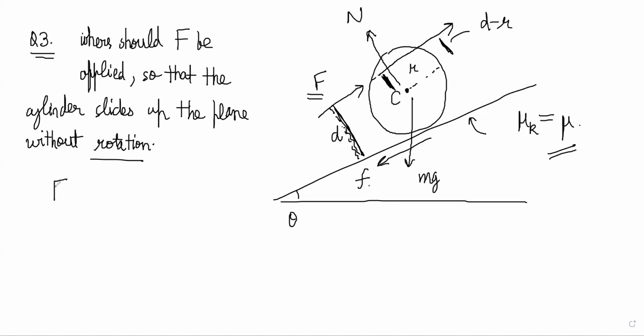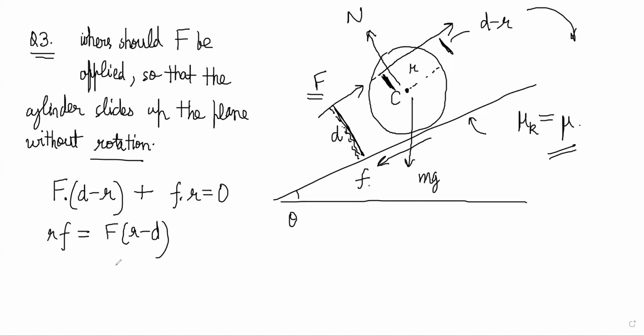The torque of F, F times d minus r, is a clockwise torque and friction is also a clockwise torque. So the total sum of the torque should be equal to 0, which gives friction times r equal to F times r minus d. So this is one equation that we have, which basically gives us the value of d.